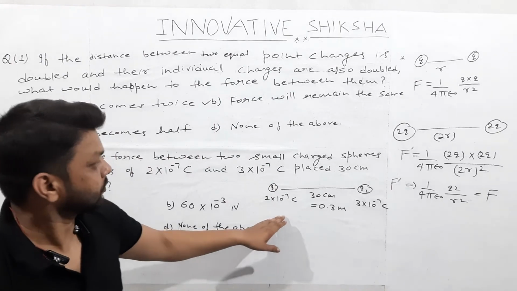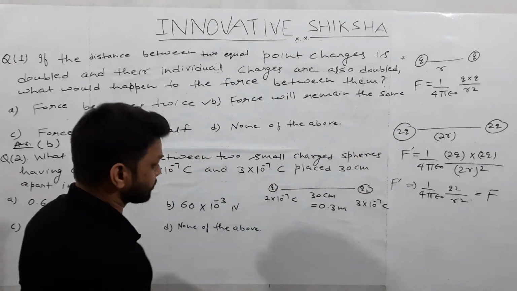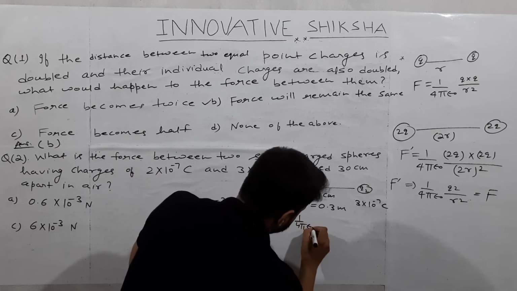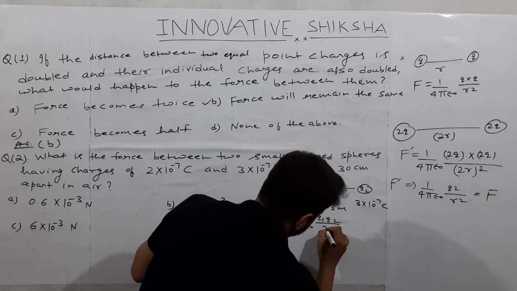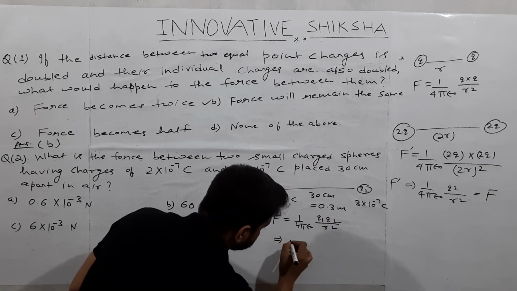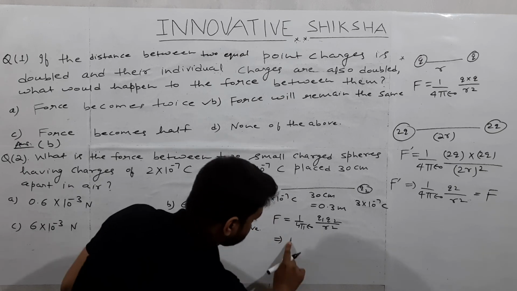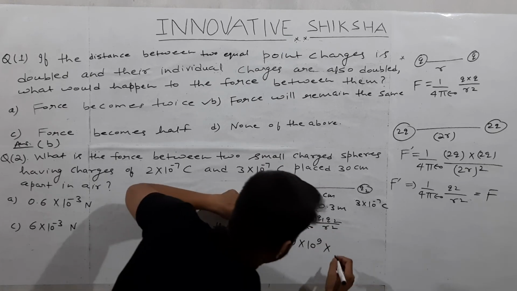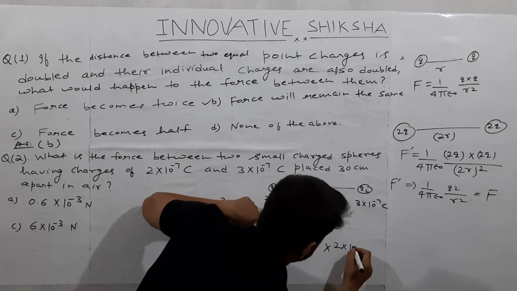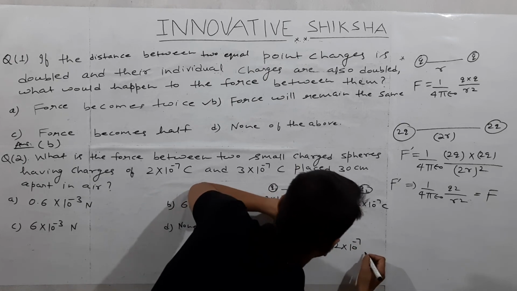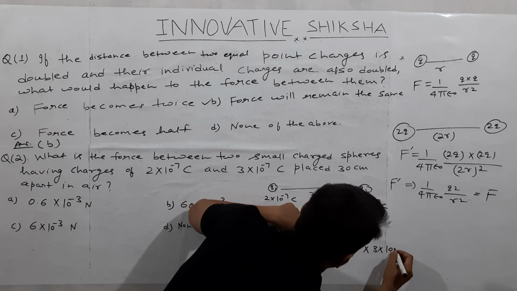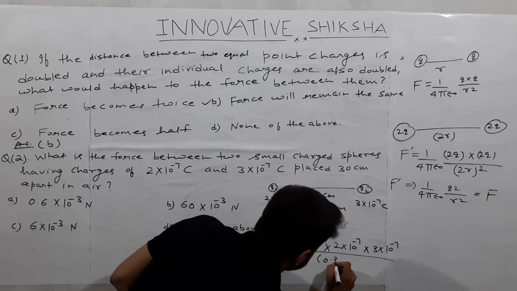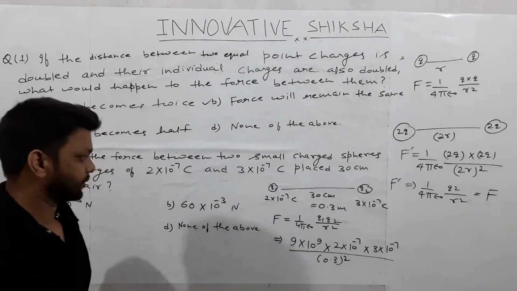Now you can apply the concept that we have studied, that is Coulomb's law. In this case, F equals 1 upon 4 pi epsilon naught q1 q2 upon r square. Let us apply this concept. 1 upon 4 pi epsilon naught is 9 into 10 to the power 9, and for q1 and q2 we have the values given in the question, 2 into 10 to the power minus 7 coulomb and 3 into 10 to the power minus 7 coulomb, and r square is 0.3 square, right?